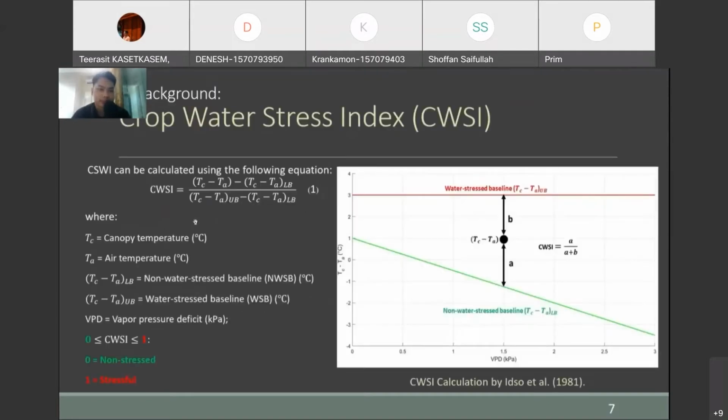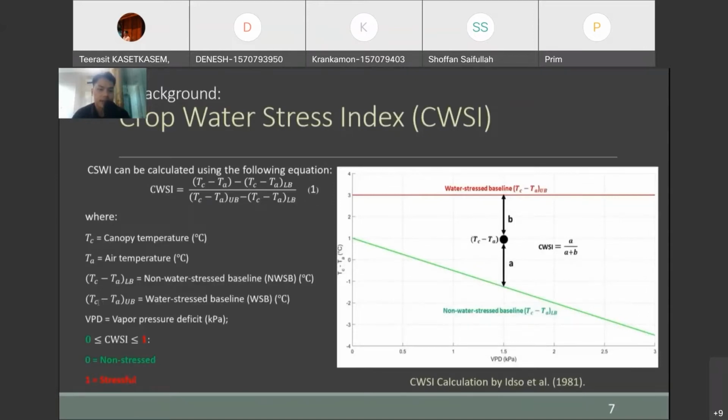So let's talk about the background. First, the crop water stress index can be calculated using the following equation, where Tc is the canopy temperature, Ta is the air temperature, and Tc minus Ta lower bound is the non-water-stress baseline, or the NWSB, the green line here on the figure.